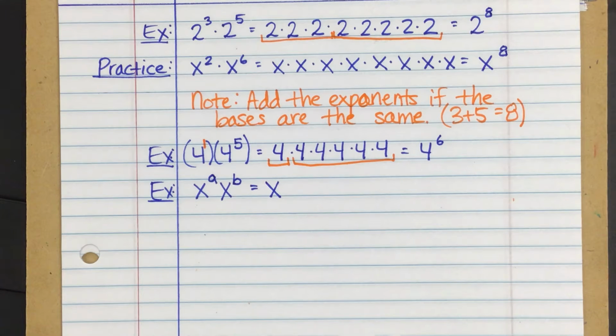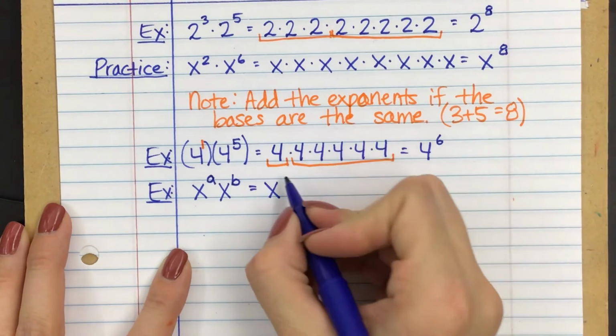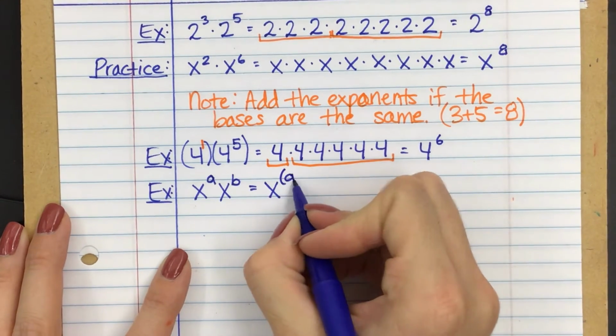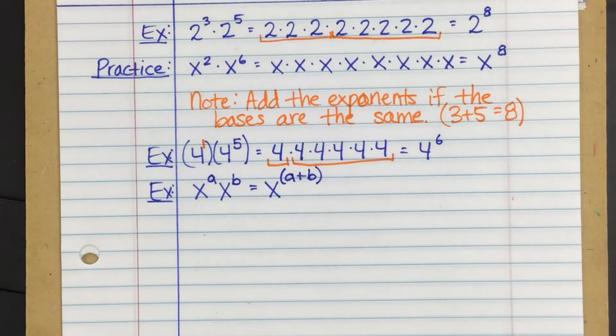That is correct. I heard it. Add. Who said that? Yes. And you did too, right? Okay. When we did it up here, we added the exponents. So up here, A plus B. It's basically saying that whatever A is and whatever B is, we're going to add them together to get that exponent.